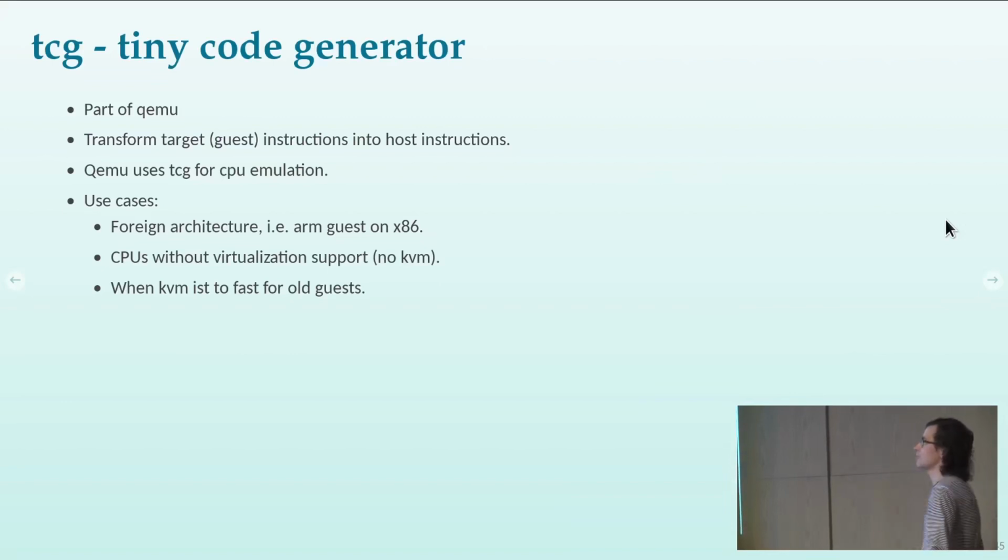It can also be used to run virtual machines on CPUs without virtualization support. And a somewhat strange use case is that sometimes, if you're running stuff on KVM, it's too fast, especially if you're running very old guests. There's one funny example, some old Windows operating system version. If you run it on modern hardware on KVM, it's just so fast that the calibration loop goes so fast that Windows crashes with a division by 0. And the easy fix is to turn off KVM and use TCG instead, and then it works fine.